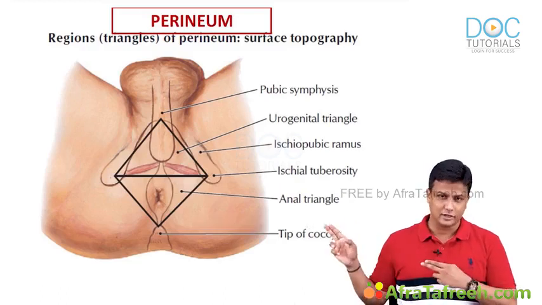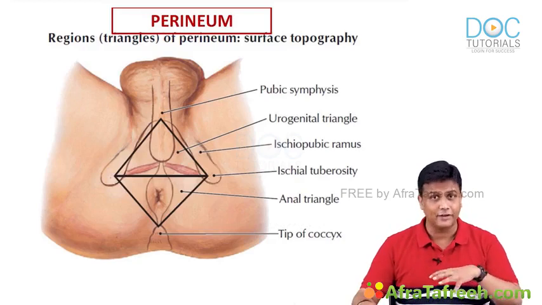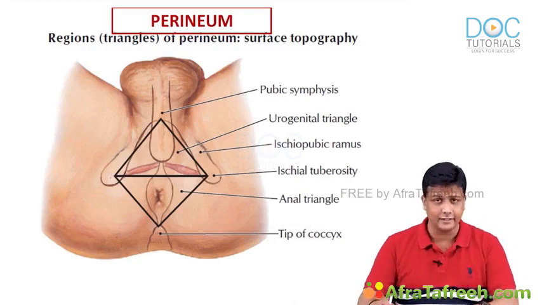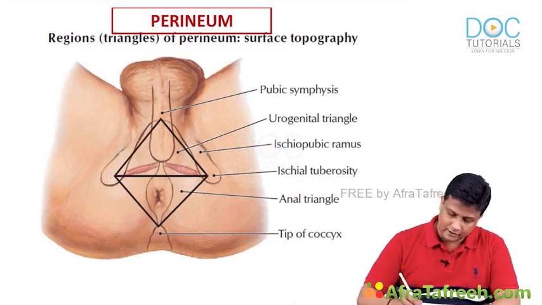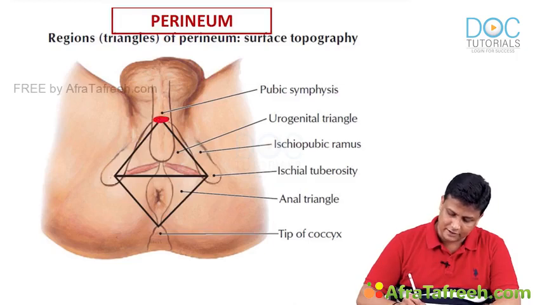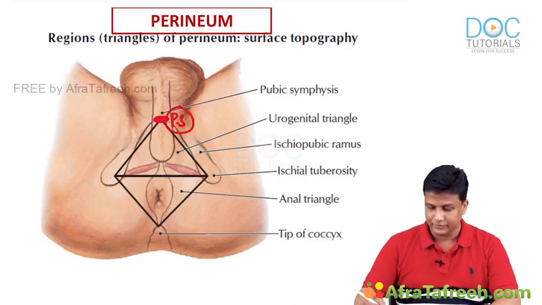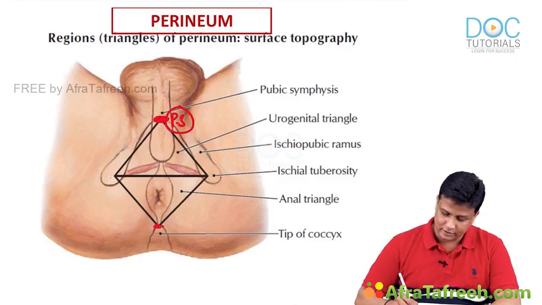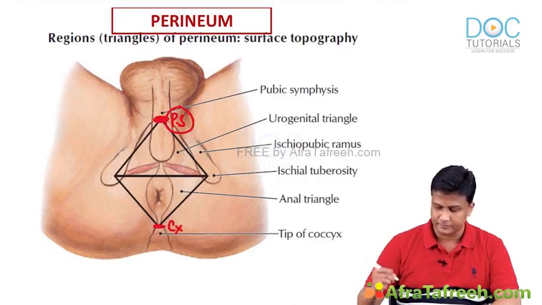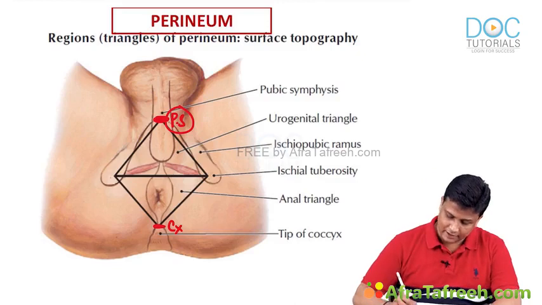First of all, look at the diagram on the screen over here. Let us try to define what the boundaries of the perineum exactly are. Anteriorly here, you'll have the pubic symphysis. And then posteriorly here, there will be the coccyx. And then laterally, there will be the ischial tuberosity here.